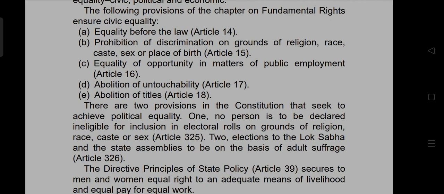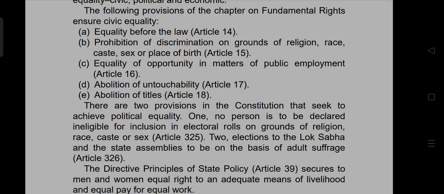There are two provisions in the Constitution that seek to achieve political equality. One, no person is to be declared ineligible for inclusion in electoral rolls on the grounds of religion, race, caste, or sex, Article 325.